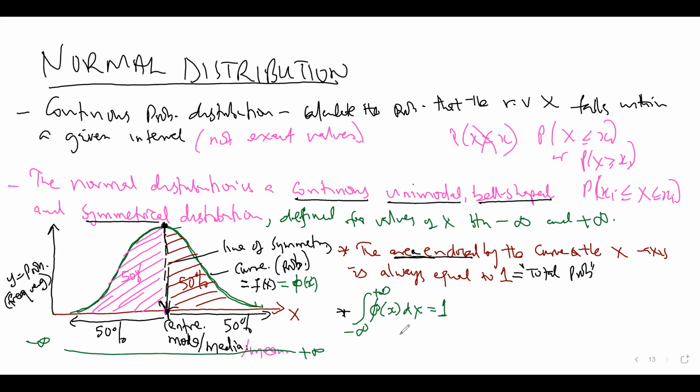For example, if you integrate phi of x dx from -infinity to 0, that will give you 50%. The area is half. It's the area from minus infinity all the way up to this point, the area shaded in pink, and this will be 0.5. And also if you integrate phi of x with respect to x from 0 all the way to plus infinity, this will also be half.